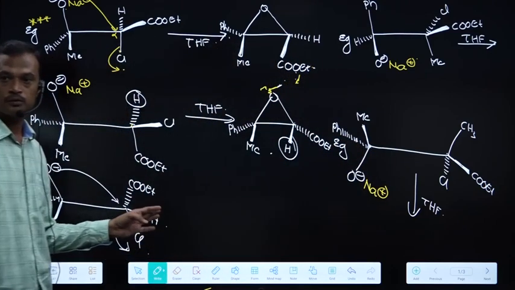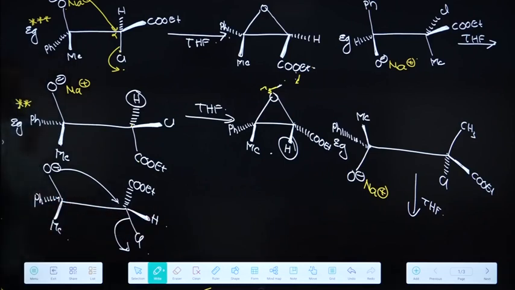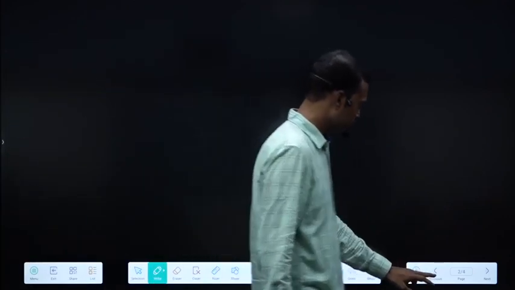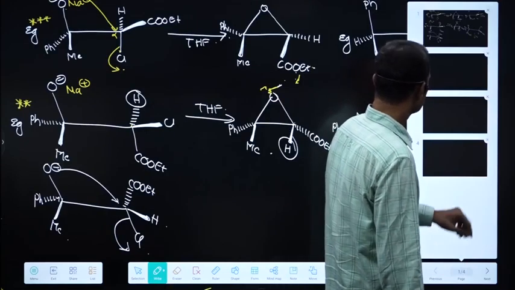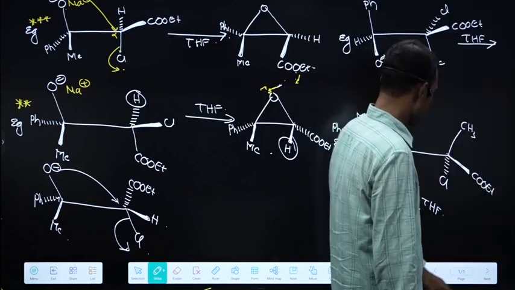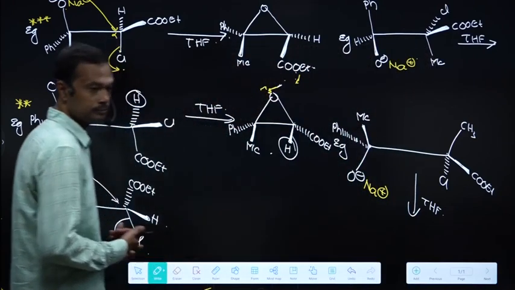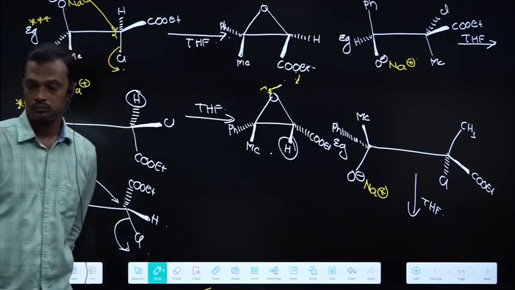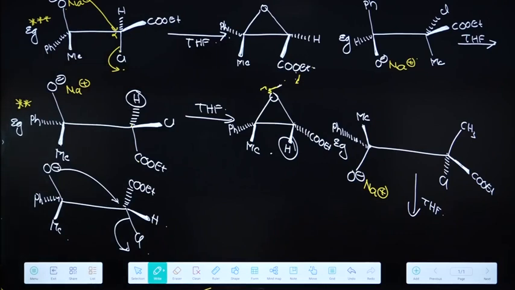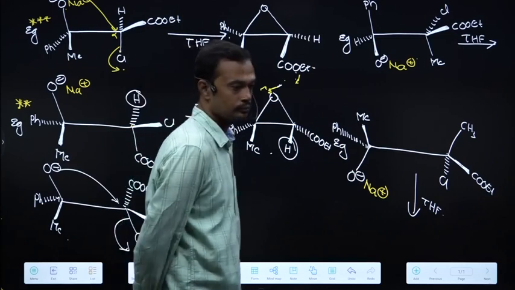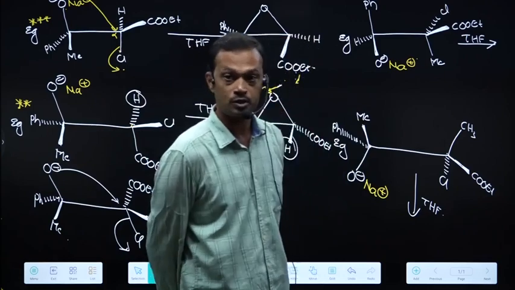Will you work out this? Is it okay? Practice Shapiro regularly, and Simmons-Smith also regularly.